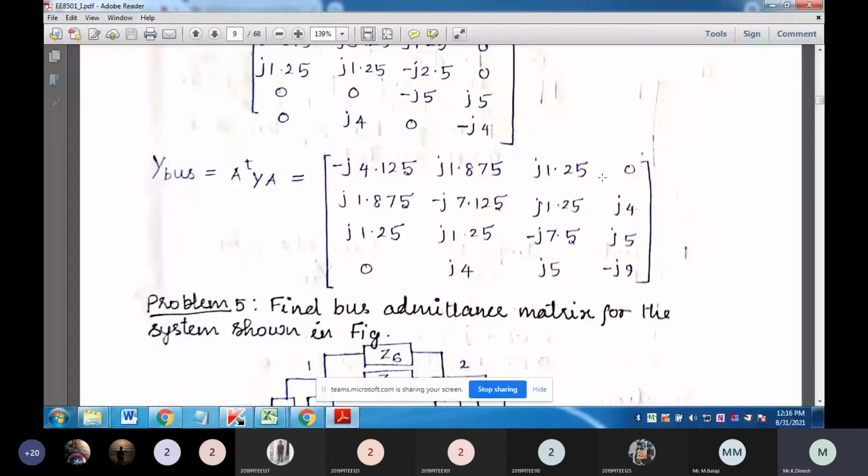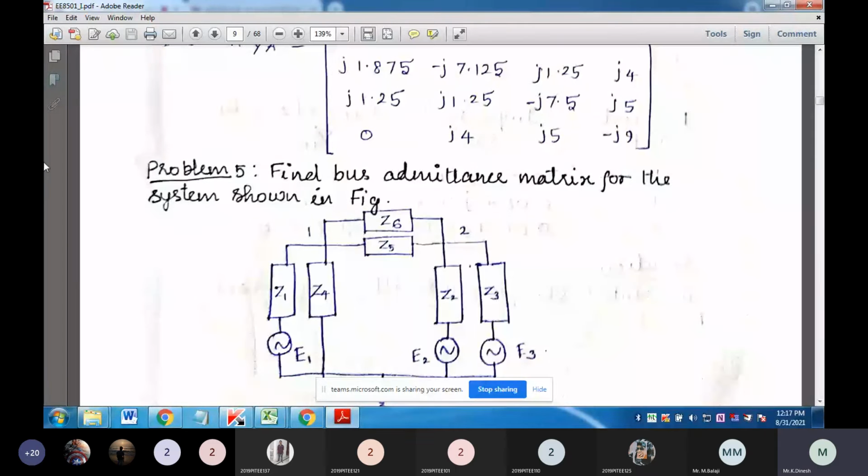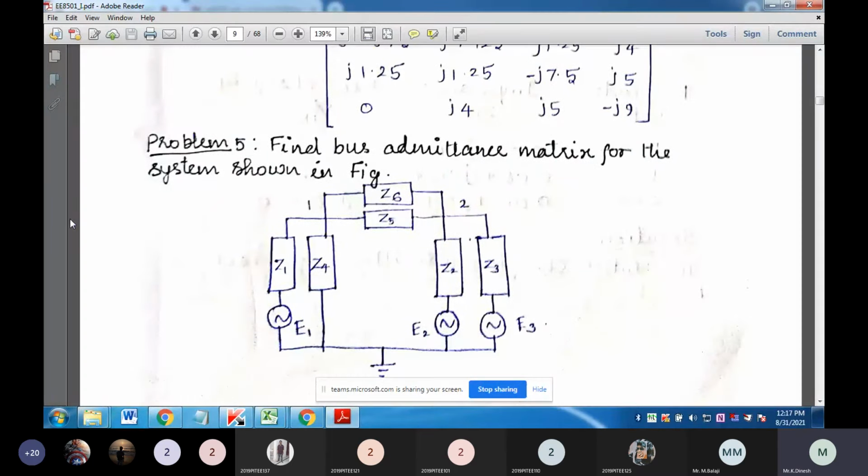So yeah, this is the fourth problem. Fifth, find bus admittance matrix for the system shown in figure. Everything given is admittance or impedance, but we have to find out the admittance matrix for the system. The values are not given, just alphabets.